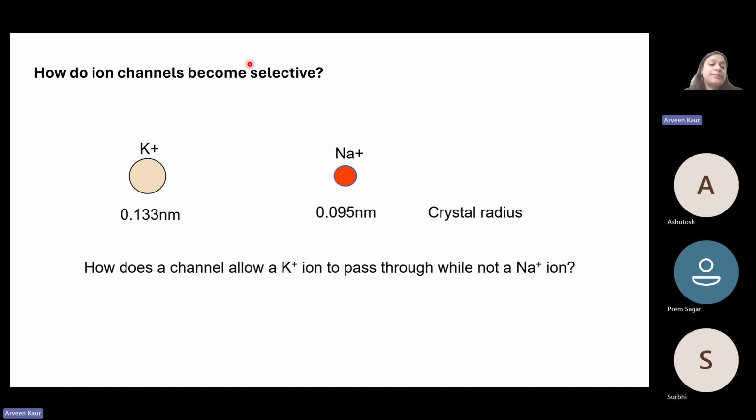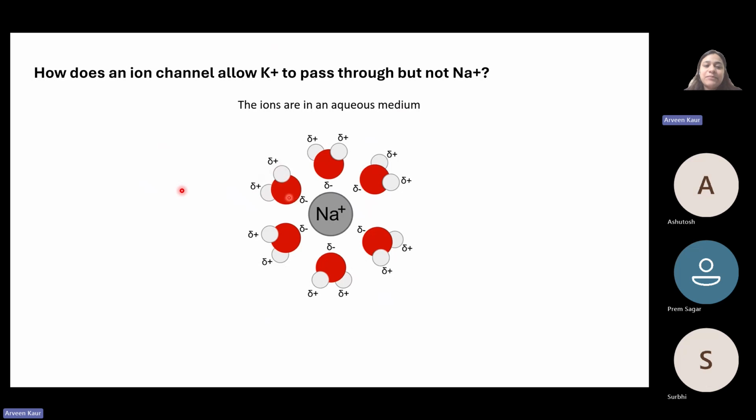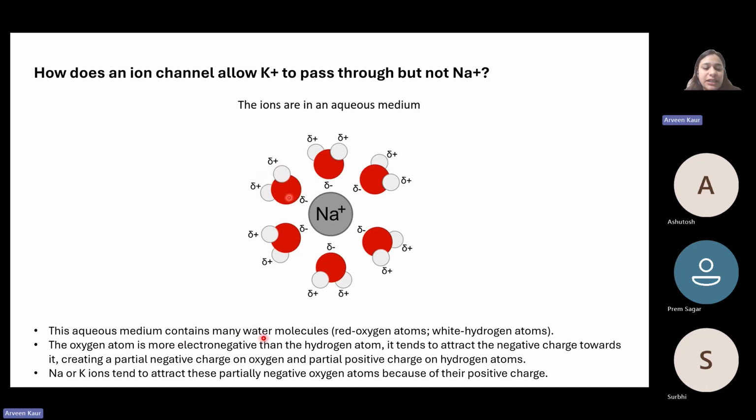That is true, surprisingly, for potassium, right? How? Although it is bigger in size, what happens is because these ions are in an aqueous medium, right? The sodium ion, because it is very small, what happens is the aqueous medium contains many water molecules, which are seen over here. The oxygen atom is more electronegative than the hydrogen atom, right? It tends to attract the negative charge towards it, creating a partial negative charge on oxygen and partial positive charge on the hydrogen ions.